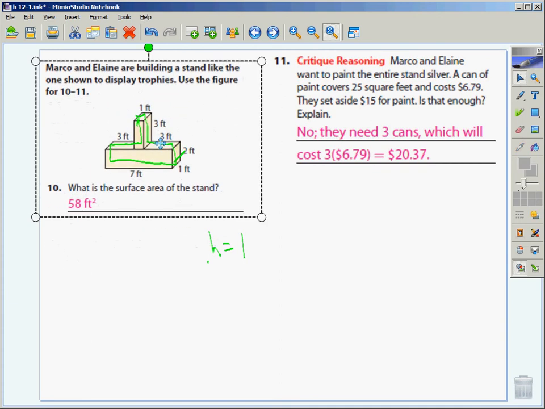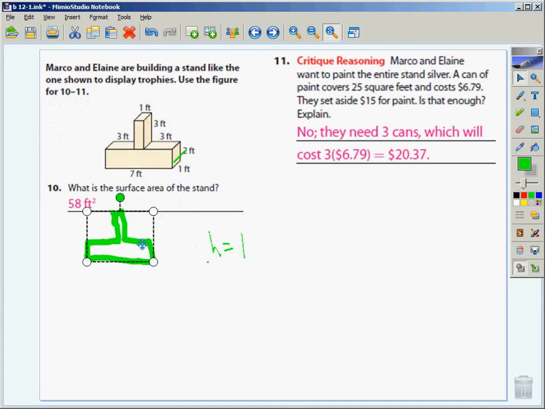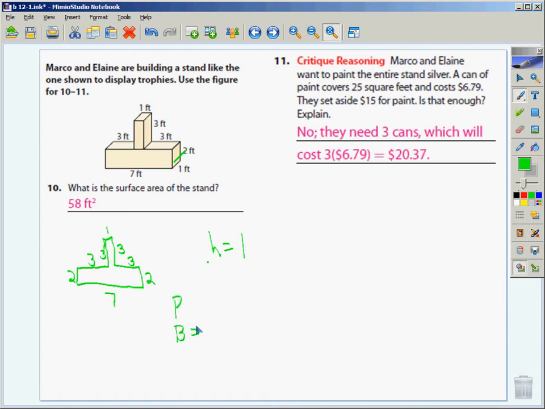Pick it up. The base shape was 7, and this was 2, which meant over here was also 2. This was 3, this was 3, this was 3, which meant here was also 3, and this was 1. Okay? P and B both come from this base shape.